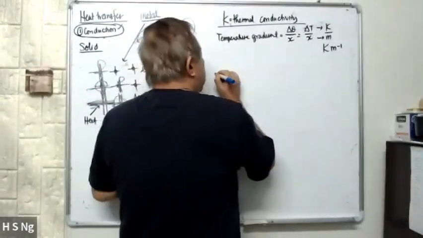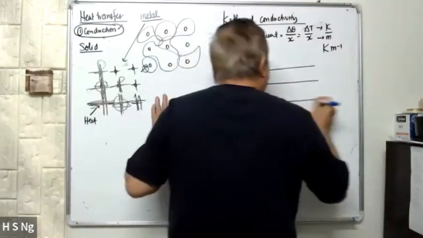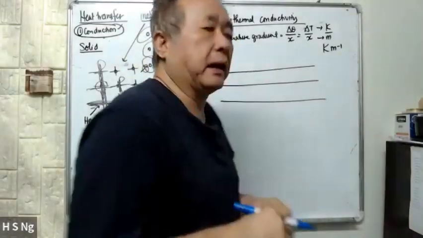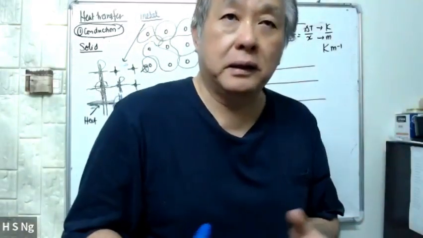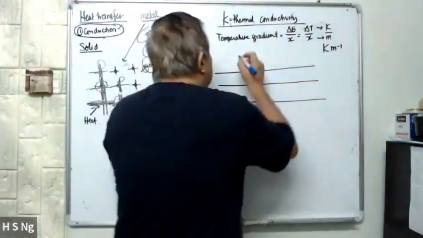Let's consider a thick bar which is properly lagged. Lagging means insulated against heat.